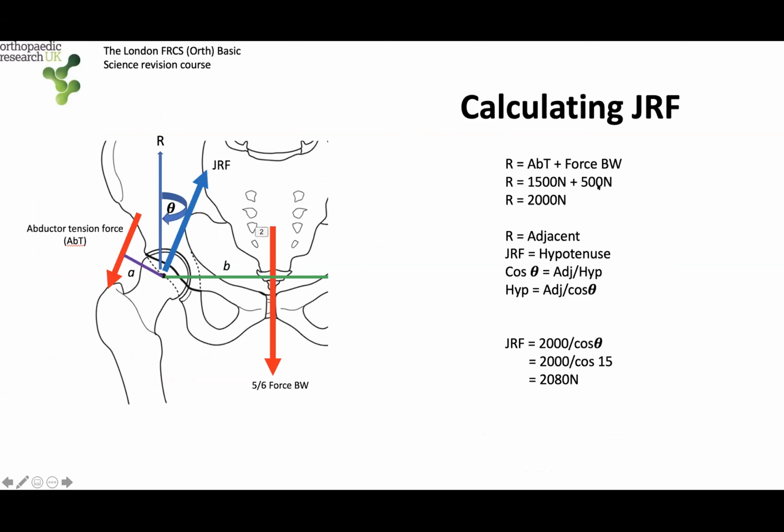So 1500 newtons plus 500 equals 2000 newtons. If you then use your cosine, because that takes into account this theta angle to create your joint reaction force, it's going to be roughly 2080 newtons.